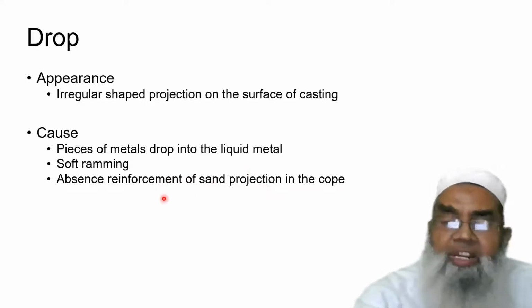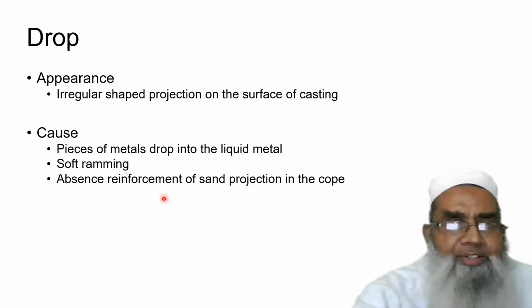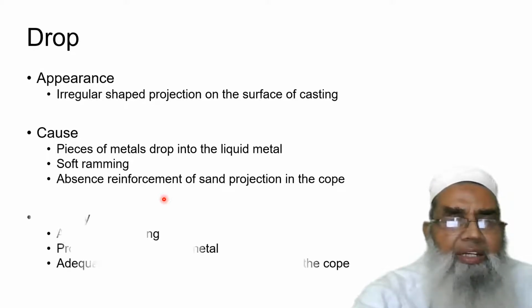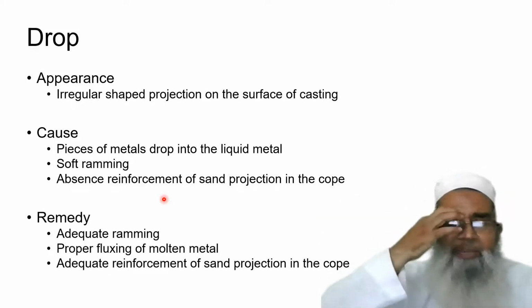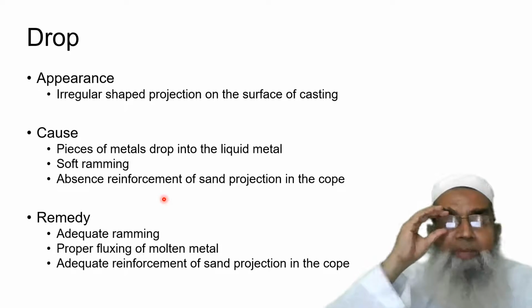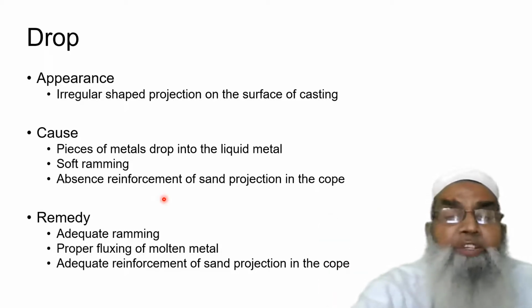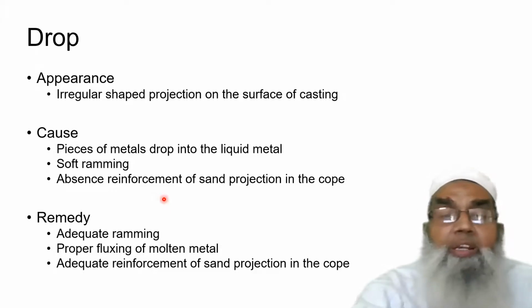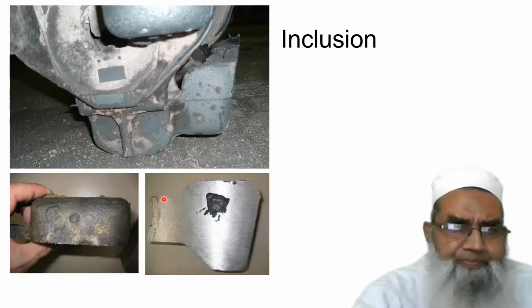That should be properly reinforced so that it may not drop into the liquid metal. Therefore adequate ramming, proper fluxing of molten metal, and adequate reinforcement of sand projection on the cope will of course avoid defects like drop.